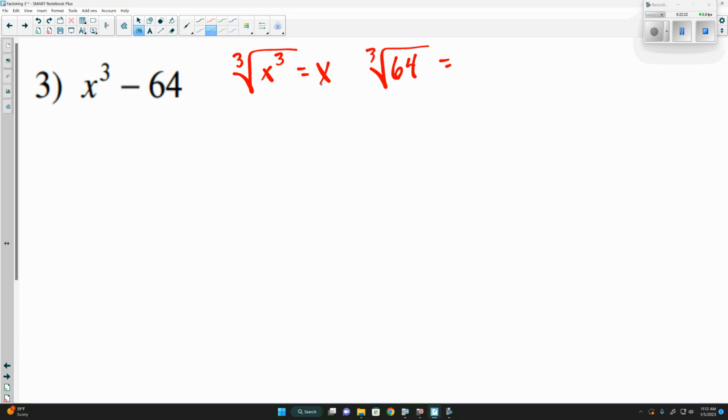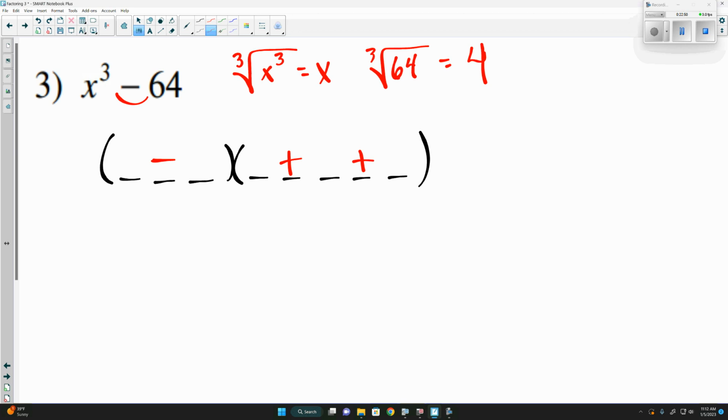Now, the cubed root of 64 is 4. Our signs are going to be the same, opposite, always end on a positive note. So our starting sign is minus, so for it to be the same is minus. Then we'll have plus and plus.